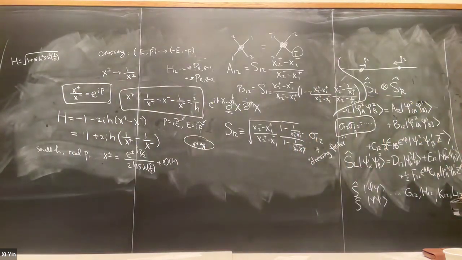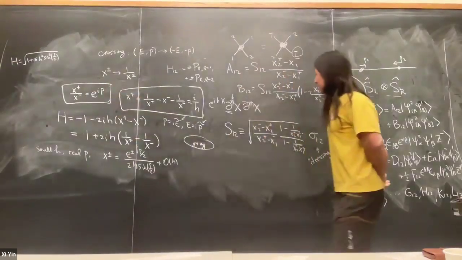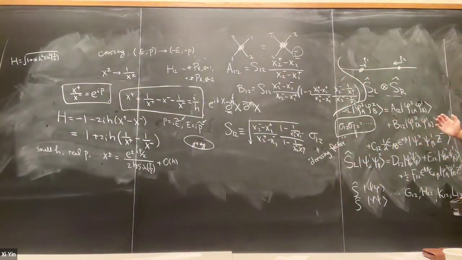Because I'm not sure that they do. If I didn't express my K in terms of P, and just call it K, I just assume that exists, I think everything is just as good because I still have X plus, X minus. This is just replaced by some expression in K. But I can still do everything I need.